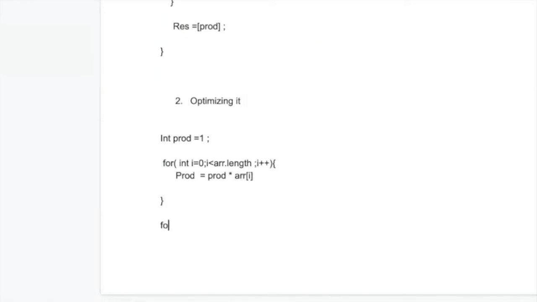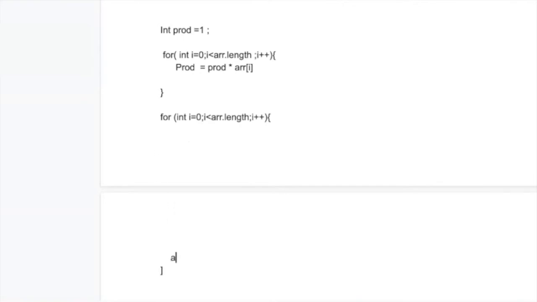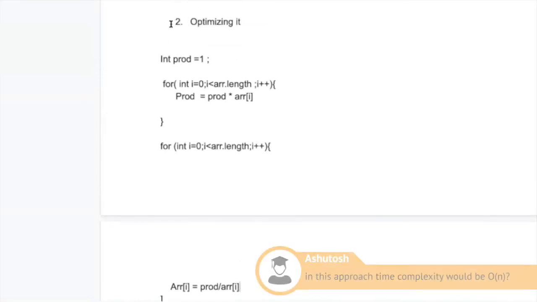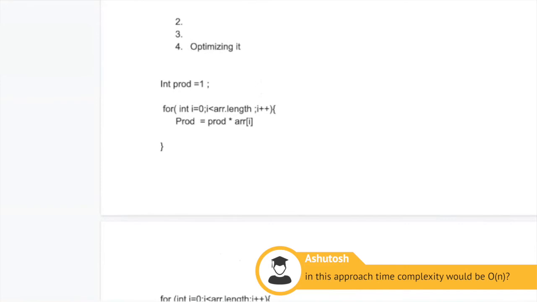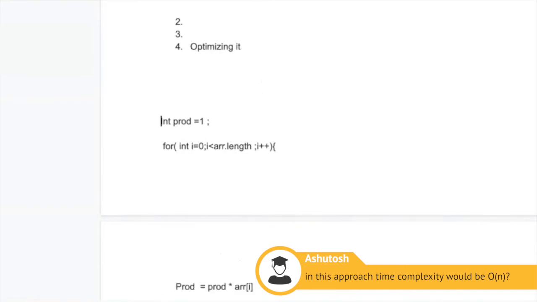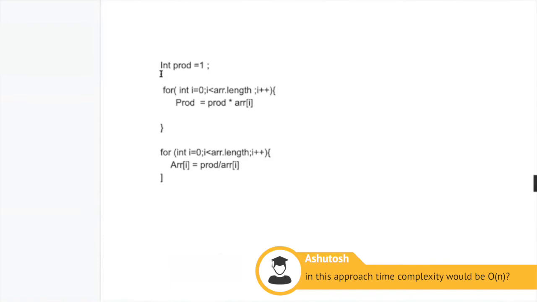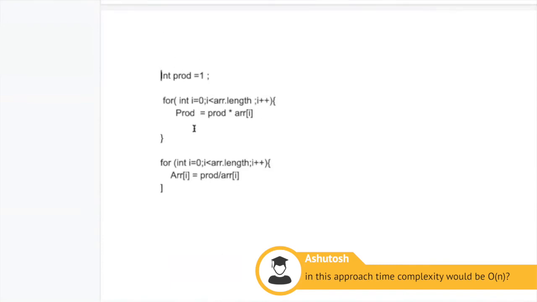The time complexity will be O of n, yes, because there are two loops, but the loops are not one inside the other. Both are independent of each other. So this will take O of n, and this will also take O of n. So O of n plus O of n is O of n itself.